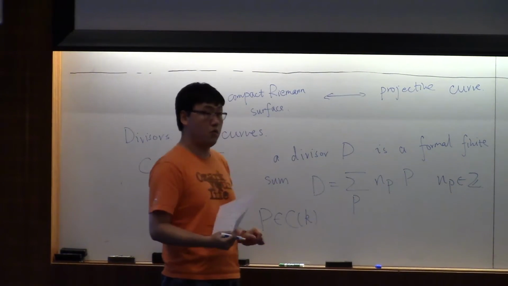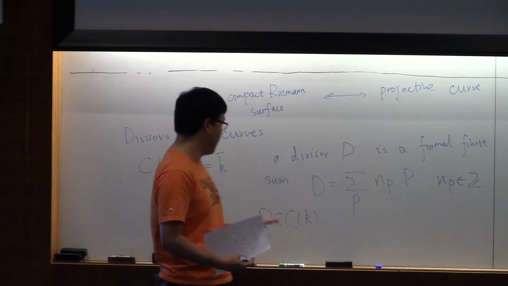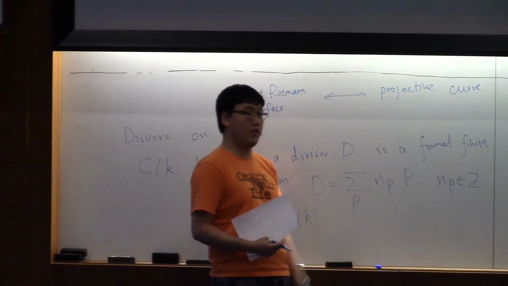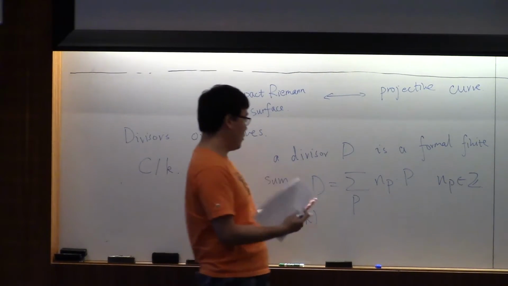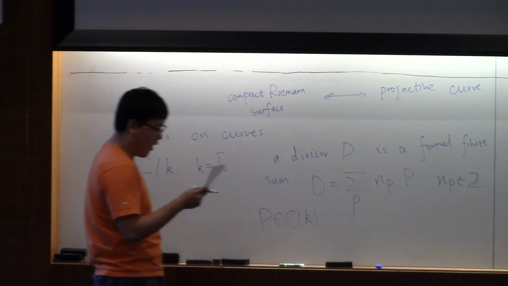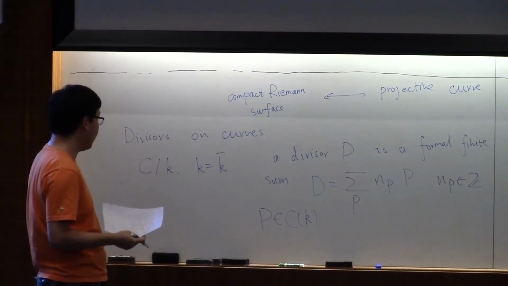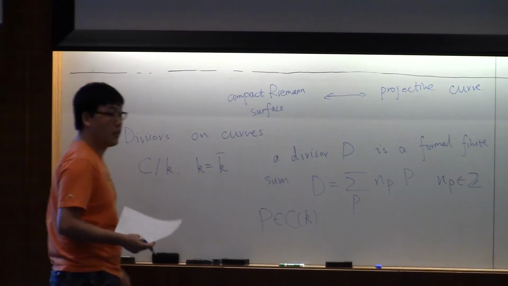But you need to assume that it is finite, or in other words, for all but finitely many points P, n_P should be 0. Such a finite sum is called a divisor on the projective curve C.